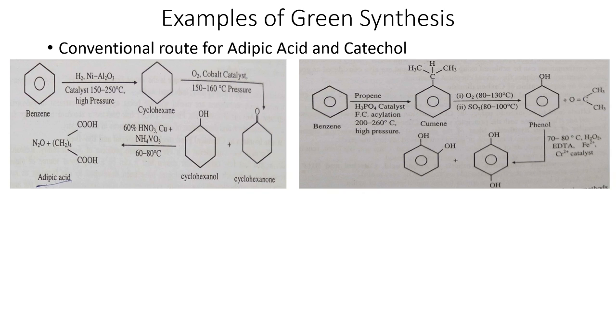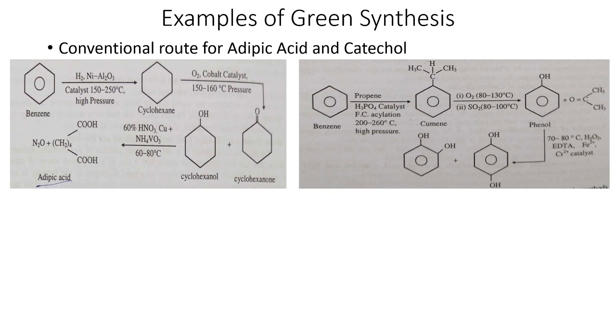Okay, where this catechol is prepared by Friedel-Crafts reaction of benzene using H3PO4, that is phosphoric acid. This is used as catalyst, and the reaction gives phenol along with acetone as byproduct.